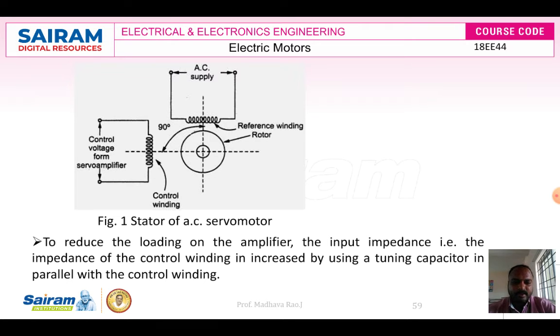To reduce the loading on the amplifier, the input impedance, that is the impedance of the windings, is increased by tuning a capacitor in parallel with the control winding.